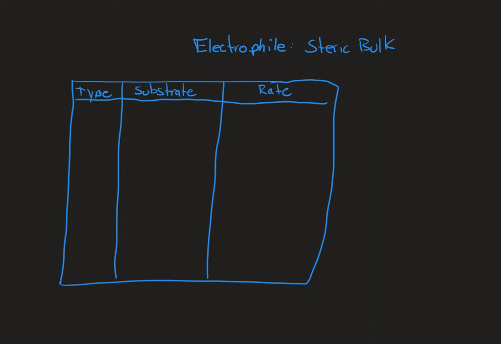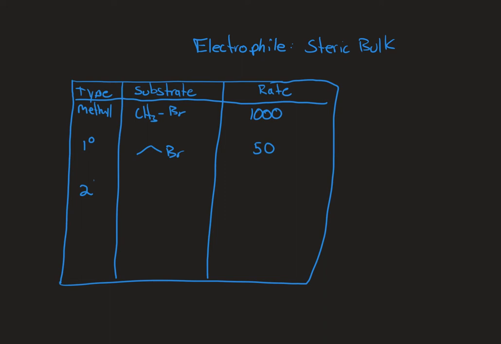So if we look at a few different types of substrates, the methyl substrate, something like methyl bromide, has a relative rate of about 1,000. A primary substrate, something like ethyl bromide, has a relative rate of about 50, so substantially slower than methyl, but still pretty fast.